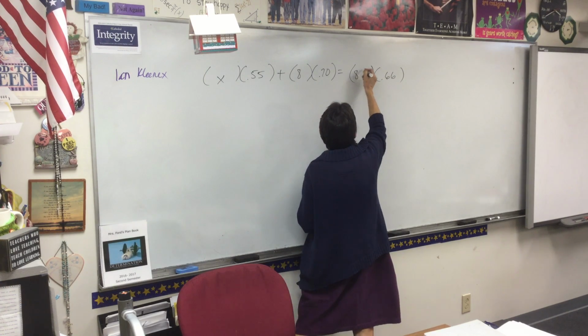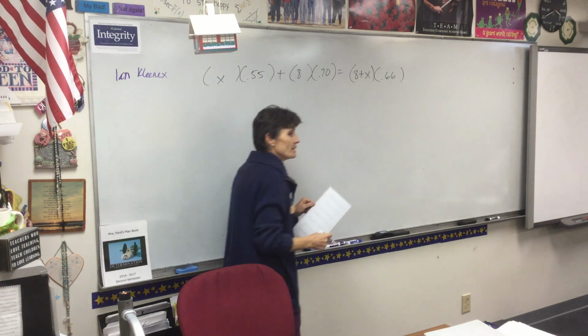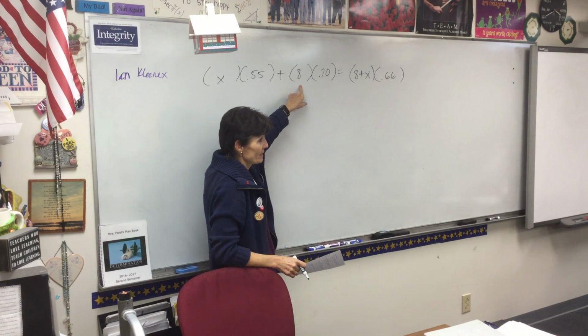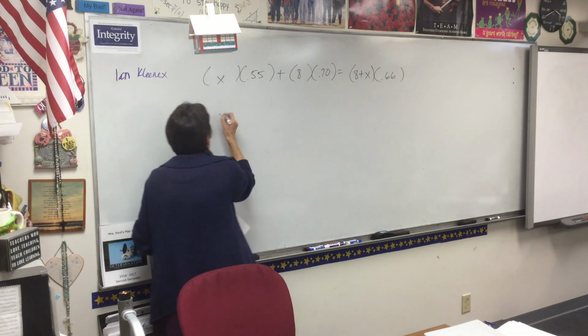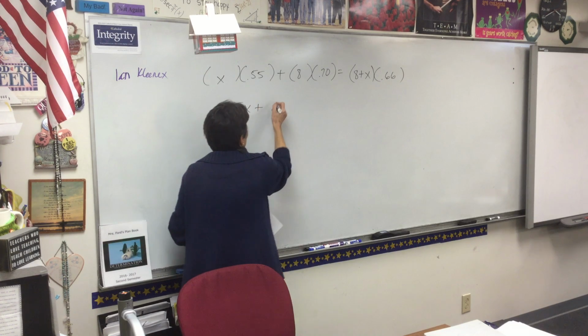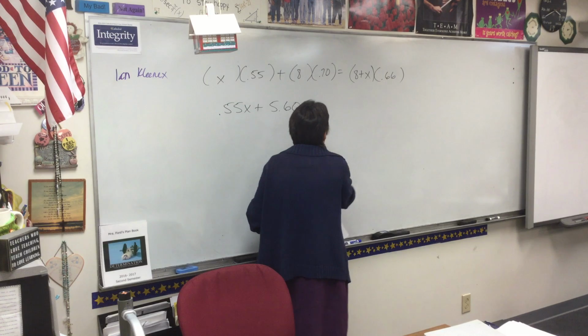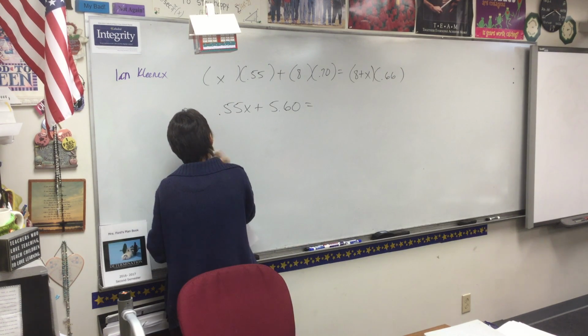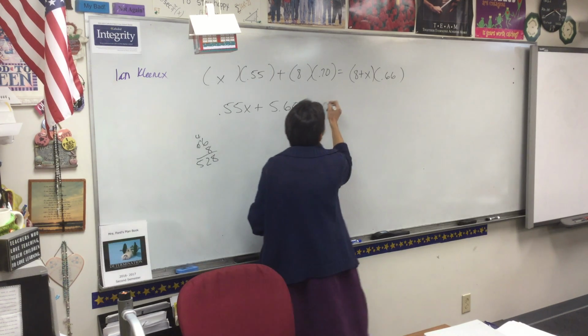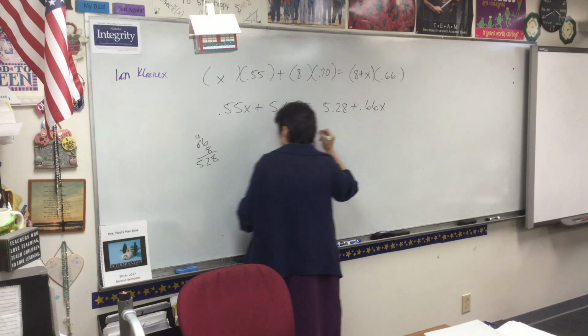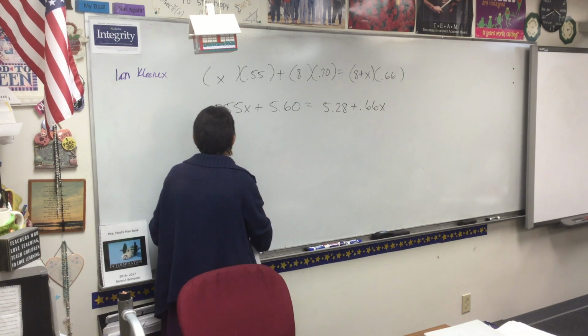A plus X. B plus X. Remember, if the missing parentheses is here, it would be 8 minus X. So 0.55X plus 5.6 equals, no idea. Is that 5.28? Okay, I'm relying on those of you with calculators. It's 5.2.